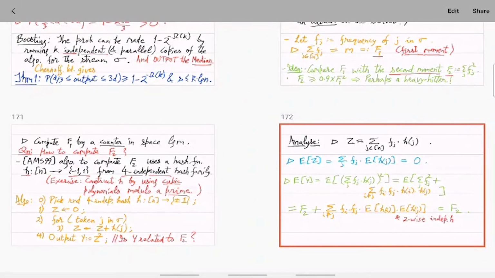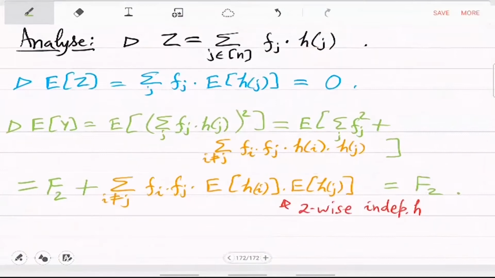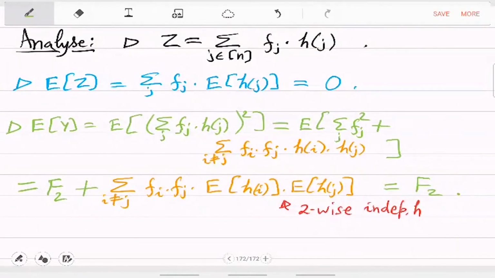But now what is the guarantee that it will be close to F2 in practice? For that we need concentration inequalities. So let's do that. But this at least tells you that we are on the right track.